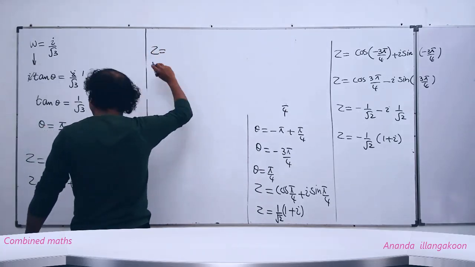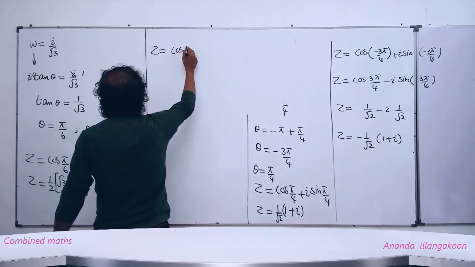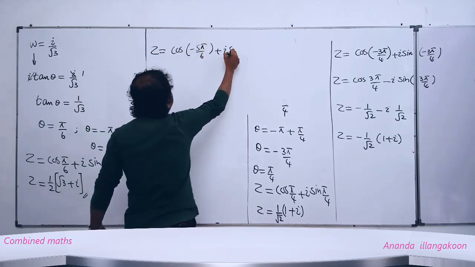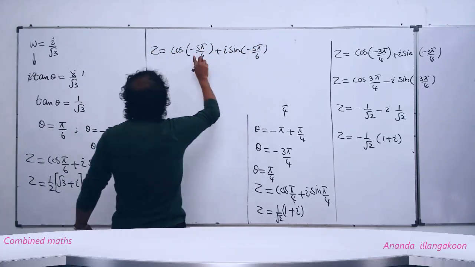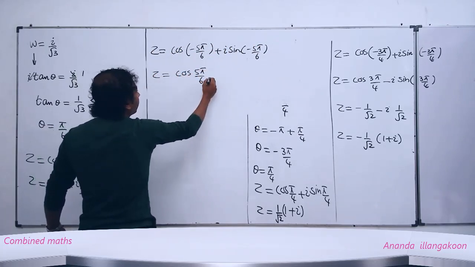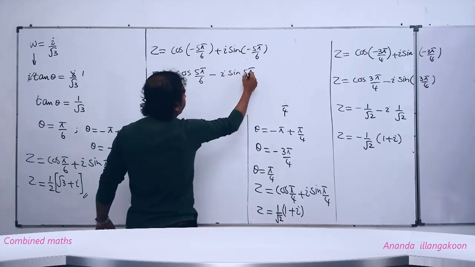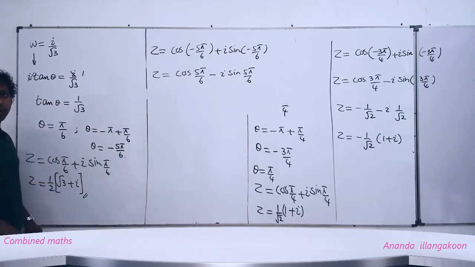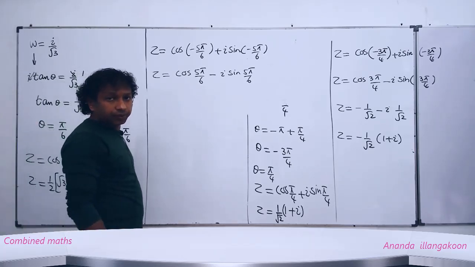So cos minus 5 pi by 6 plus I sin minus 5 pi by 6. Cos minus theta is equal to cos theta. Sine minus theta is minus sine theta. People, 5 pi by 6 is 150, no? 5 by 6 into 180, 150. Cos 150 is, people, minus cos 30, no?